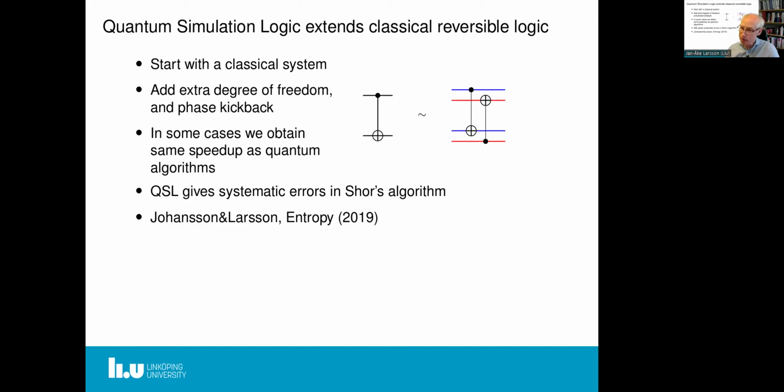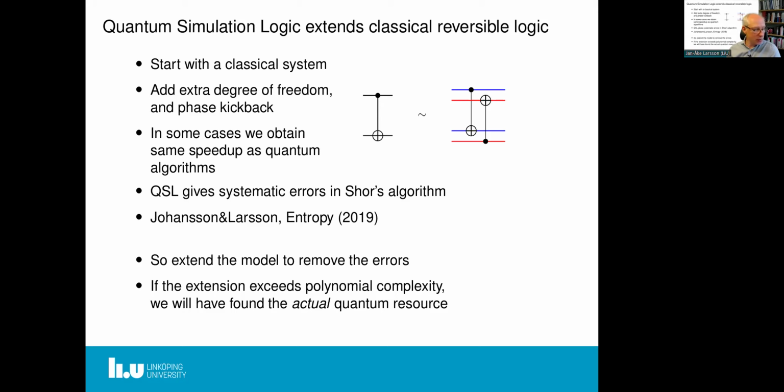We don't get this in Shor's algorithm because Shor's algorithm is an explicit construction in polynomial time of the gate array. And using that gate array, we don't get the speedup. But this intrigues us a little, so we try to extend the model to understand better what enables the speedup for real.